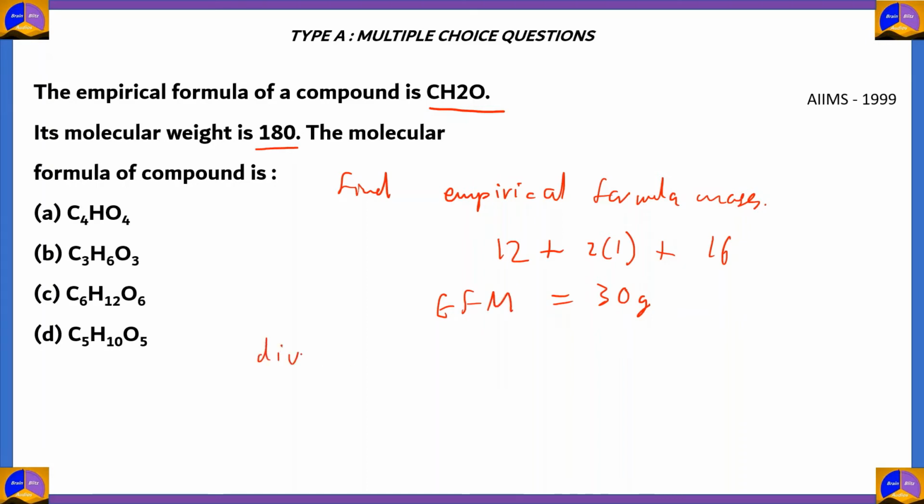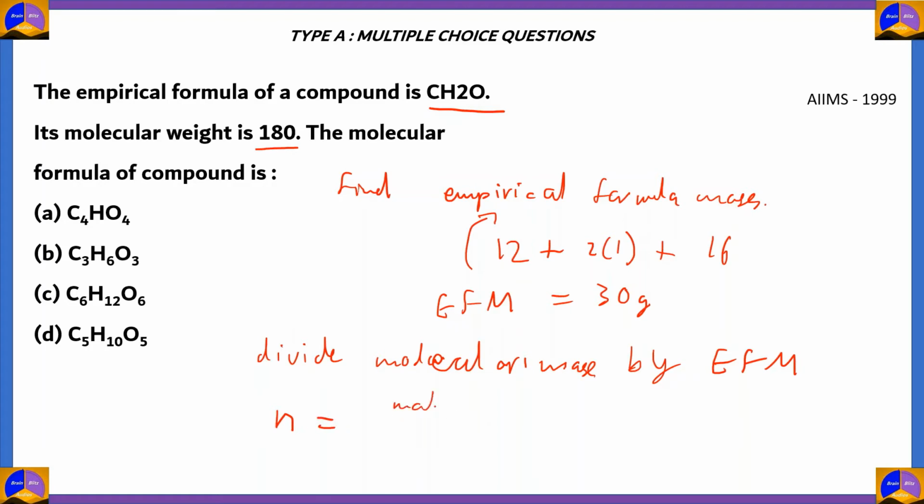Now what we do is we divide the molecular mass by the empirical formula mass. So we get n as molecular mass divided by empirical formula mass.